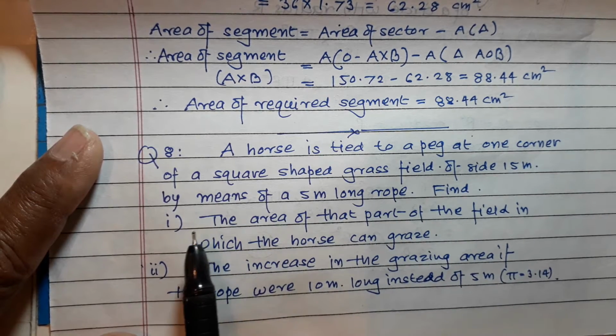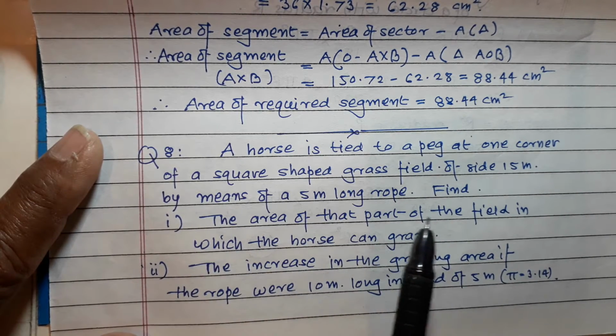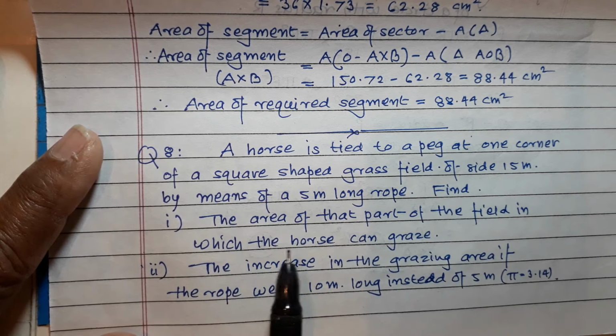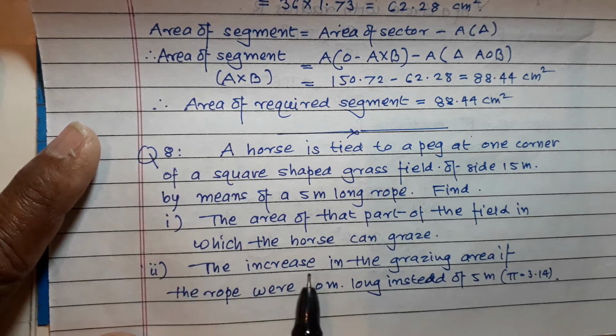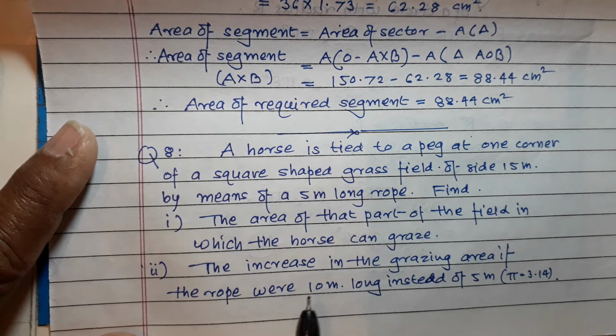Find, one, the area of that part of the field in which the horse can graze. Two, the increase in the grazing area if the rope were 10 meter long instead of 5 meter. Take pi as 3.14.